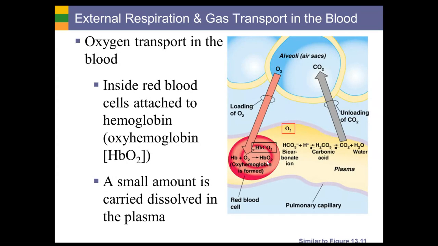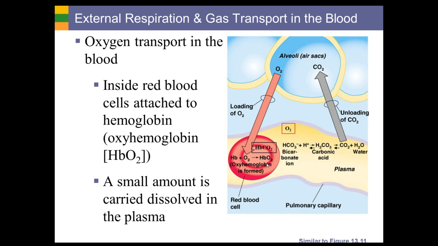That's particularly why blood that is high in oxygen is bright red. So that is where most of the oxygen in the blood is found, bound to hemoglobin in red blood cells. In fact, one red blood cell carries roughly 1 billion molecules of oxygen.